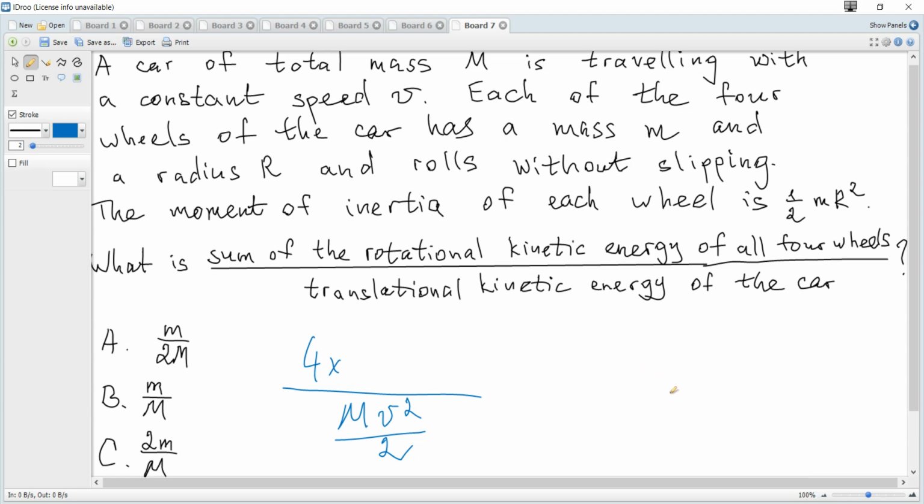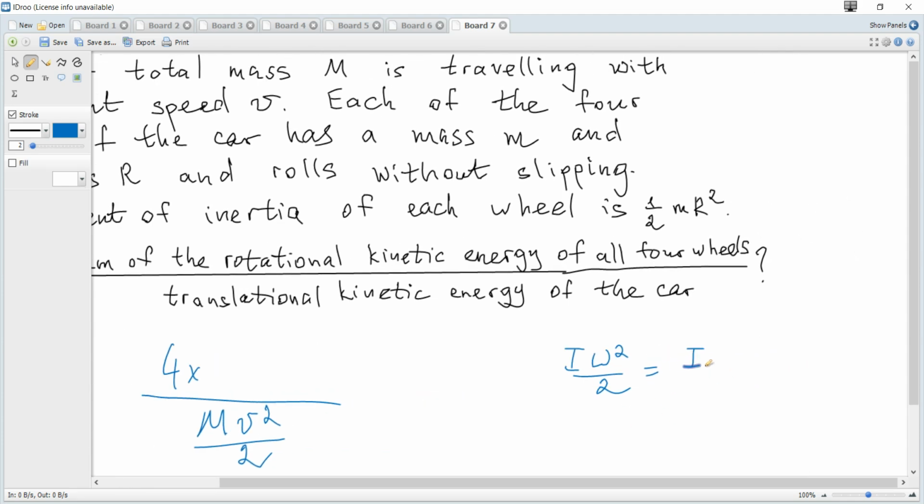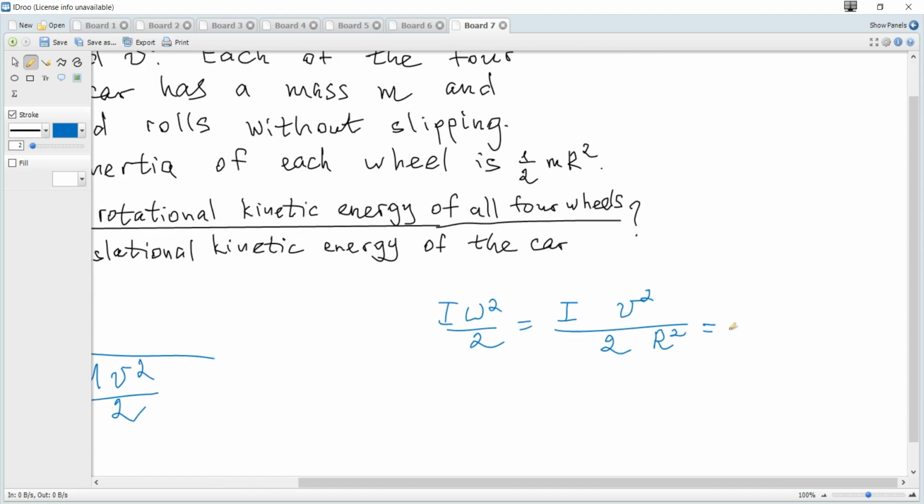And for rotational kinetic energy, the formula is given in the data booklet, and it says that it's what? I omega squared over 2. Omega, it's what? It's linear velocity divided by radius, squared. And I, it's a half m r squared.